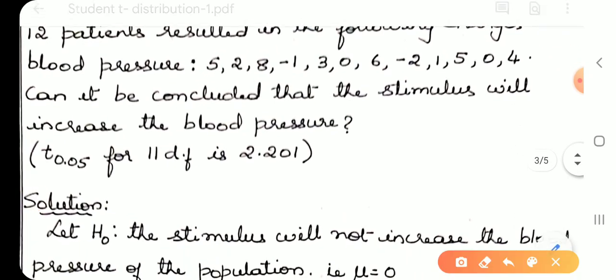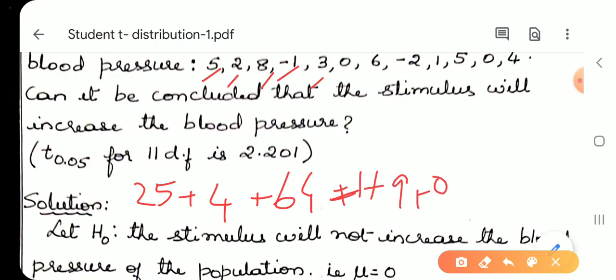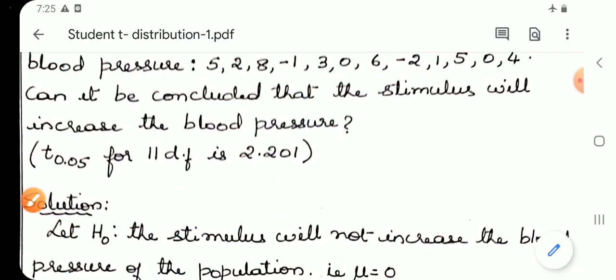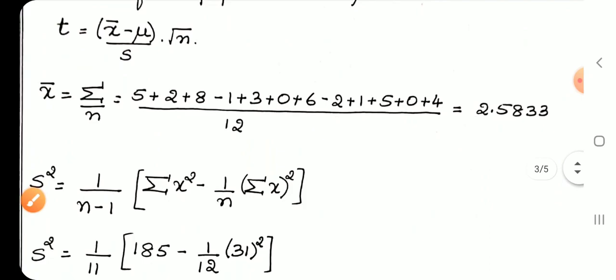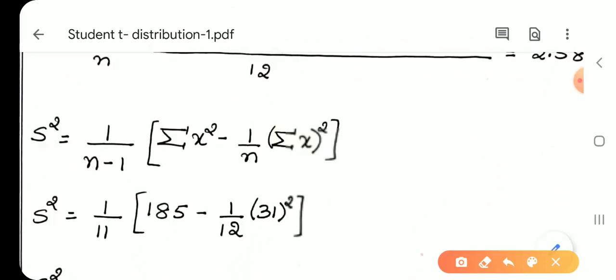That is 5 square is 25, 2 square is 4, 8 square is 64, minus 1 square is 1, 3 square is 9, plus 0 square is 0, plus 6 square is 36, like that. We have to take the square of each and take the sum of it, then we get the value as 185.